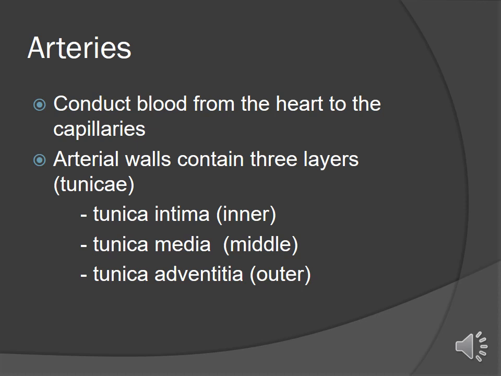The tunica adventitia, the outermost layer, is composed of fibroelastic connective tissue. In larger vessels, the tunica adventitia houses vasa vasorum. They are small blood vessels that supply the tunica adventitia and tunica media of that vessel.